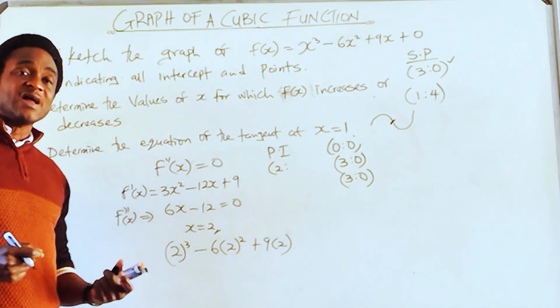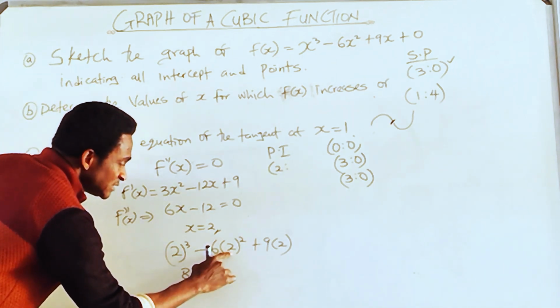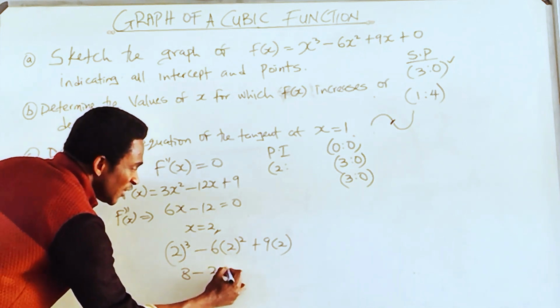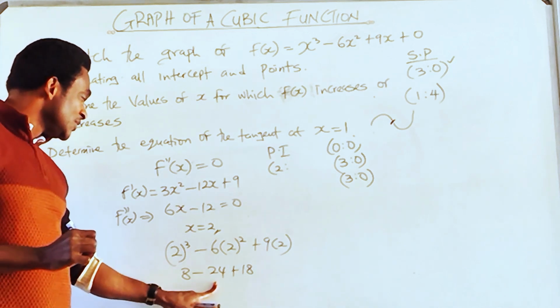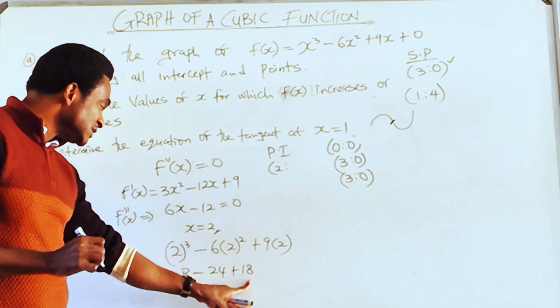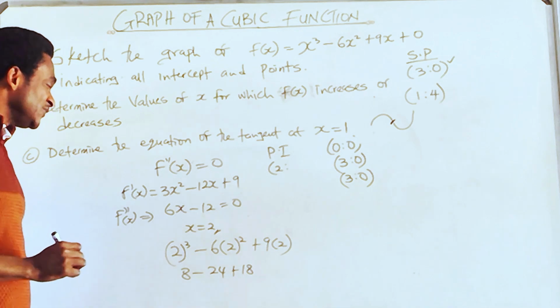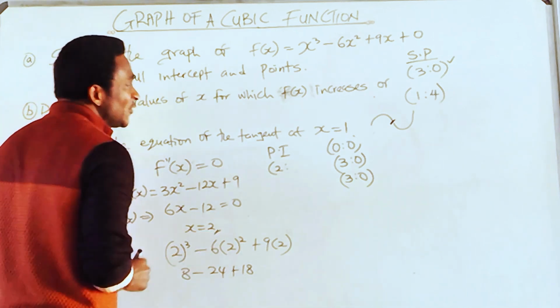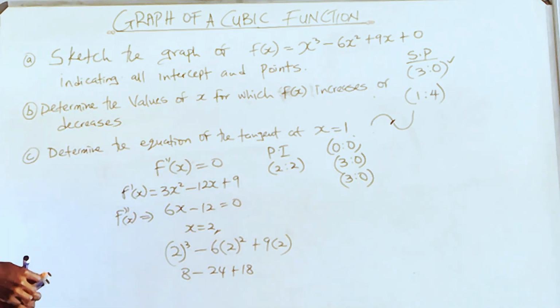This is 8 minus 6 times 4, which is 24, plus 18. 8 plus 18 is 26, minus 24. 26 minus 24 is 2. So we have our point of inflection as 2 and 2.